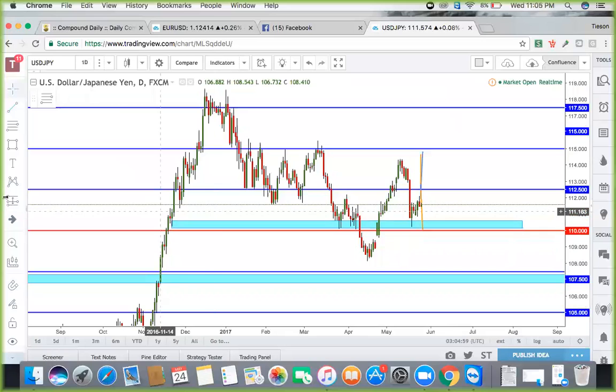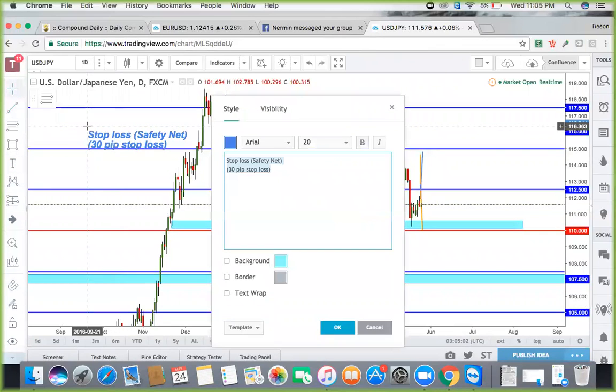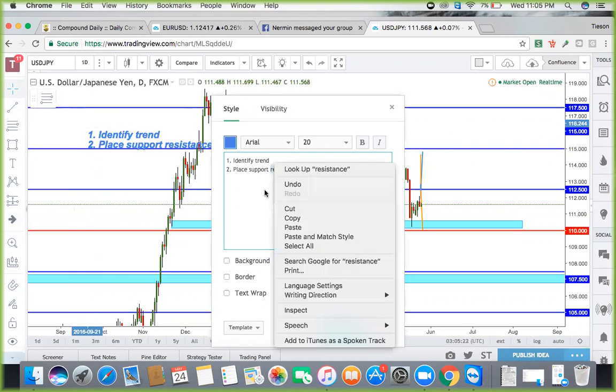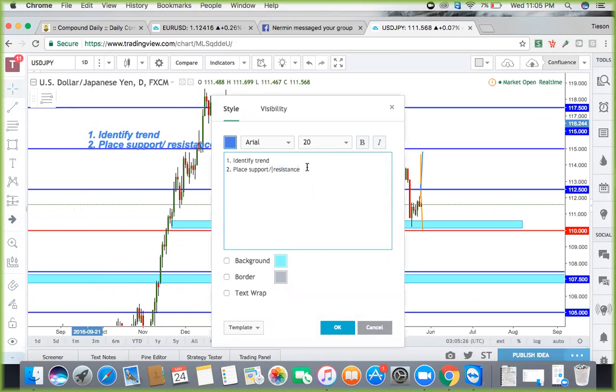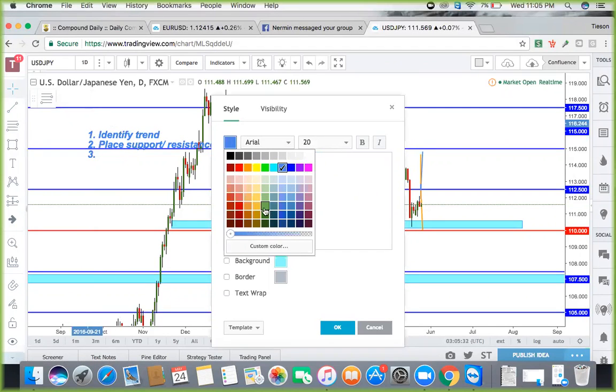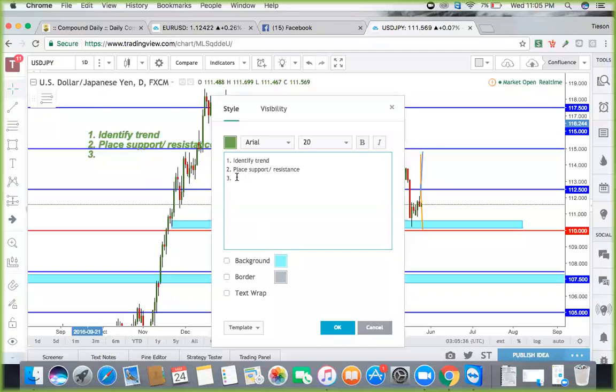Simply, here, I will type it out actually. 1, identify trend. 2, place support, resistance. 3, identify potential zones.